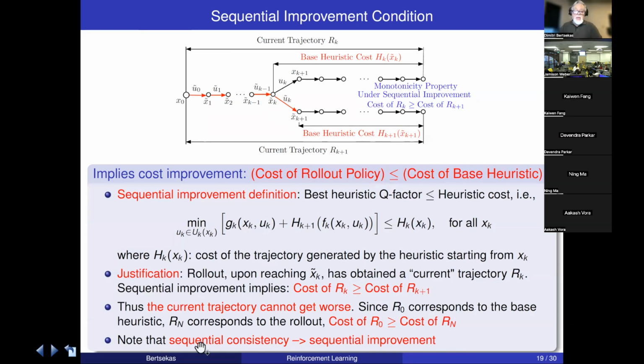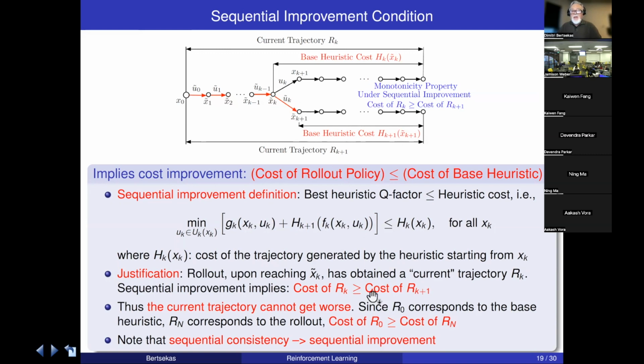The other thing to note here is that sequential consistency implies sequential improvement. The reason is that under sequential consistency, the current trajectory also corresponds to a Q factor that we apply. In other words, this is also part of the trajectory that we generate at xk, and here we choose the best trajectory.